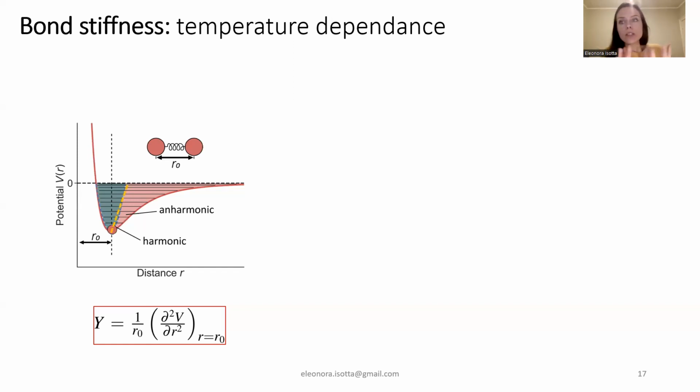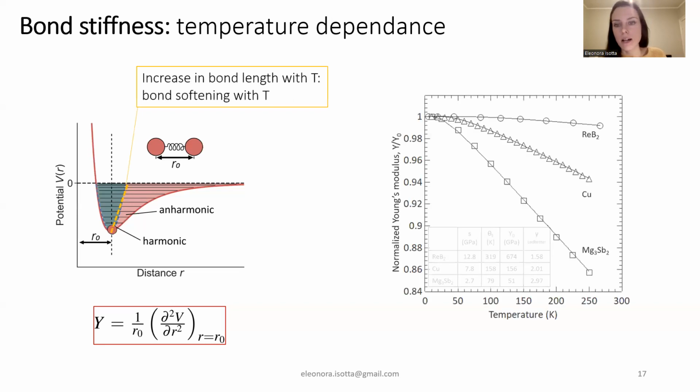Since the average bond length, or average distance between the atoms, becomes larger with temperature, we expect the elastic constants to decrease with temperature. And in fact, this is what happens for the Young modulus for some different compounds. You can see that for all these compounds, we have a decrease in elastic moduli with temperature. Of course, how much the elastic moduli decrease will depend on the compound.